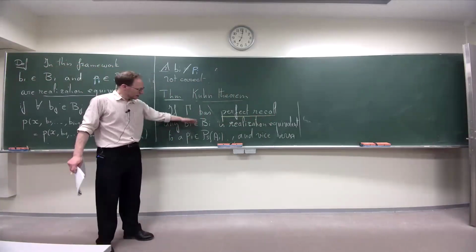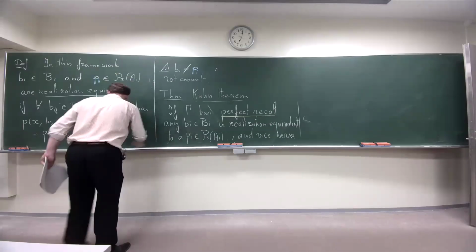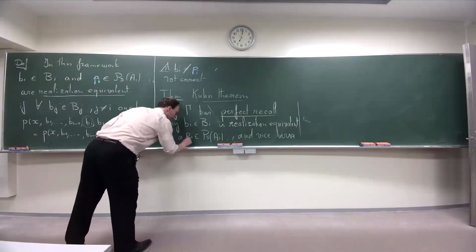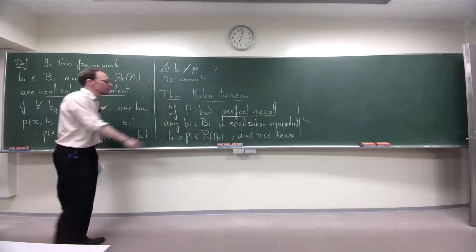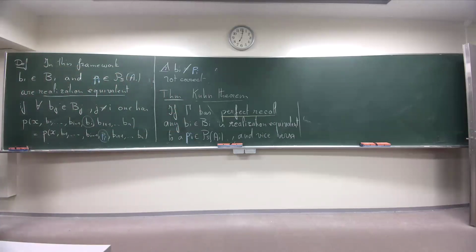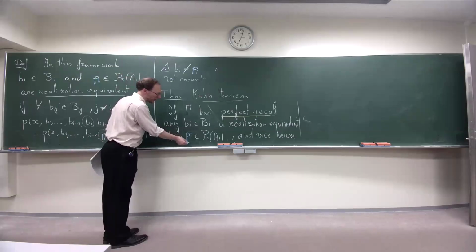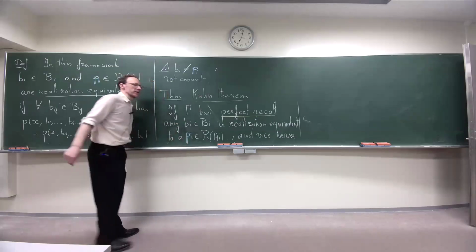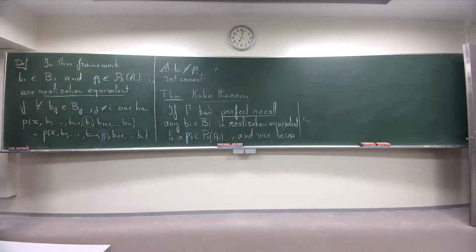So any BI corresponds to a PI, and any PI corresponds to one BI in the sense I mentioned. Again, I cannot write an equality, but you have a one-to-one bijective relation. So any BI defines a unique PI, and any PI defines a unique BI. This is the way you should think about it.